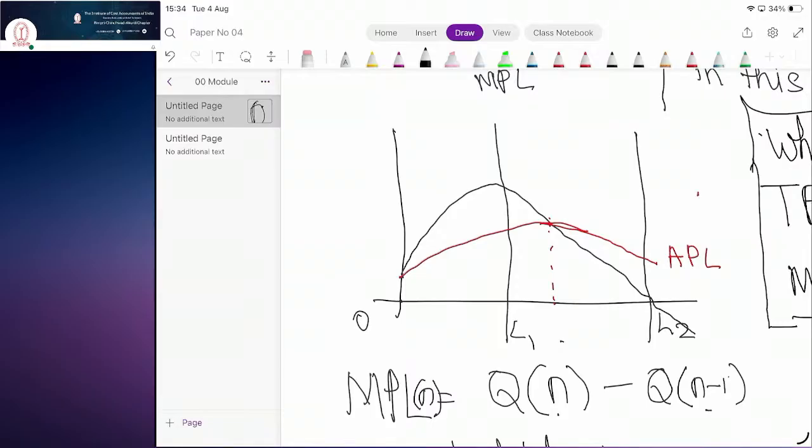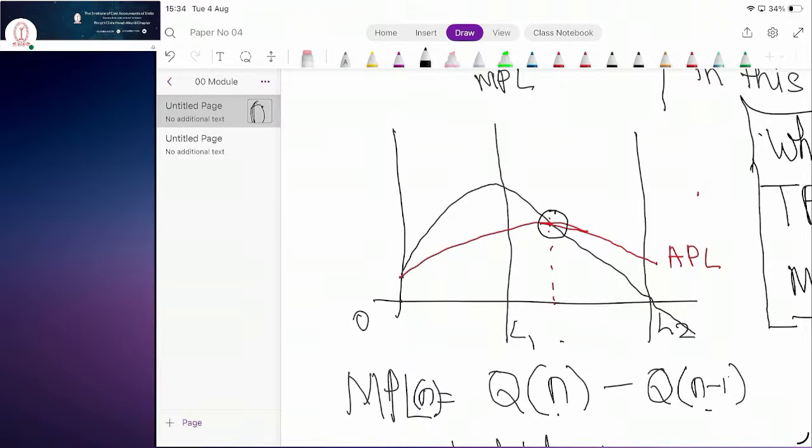When marginal product is equal to average product. Okay. Look at this diagram. Marginal product is equal to average product. It is at this point. What is the value of APL here? AP is at maximum. Okay, just remember AP is at its maximum.